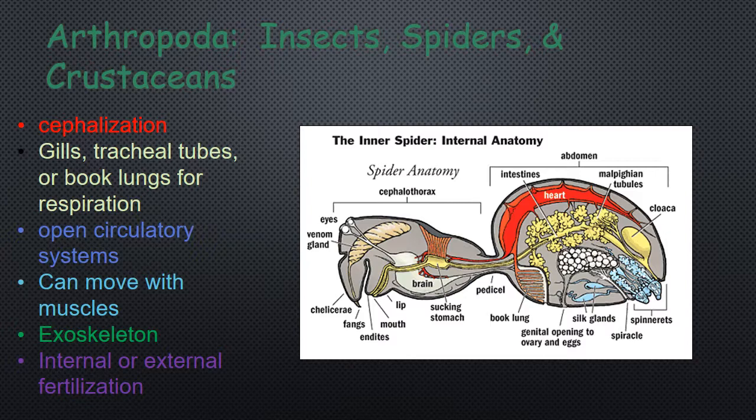And this diagram here is of a spider, and spiders have book lungs. They have open circulatory systems. They can move using their muscles, their legs or appendages. They have an exoskeleton, and they have either internal or external fertilization.